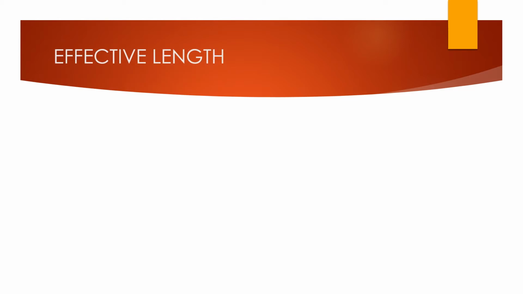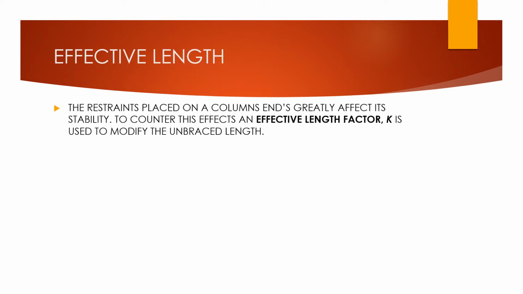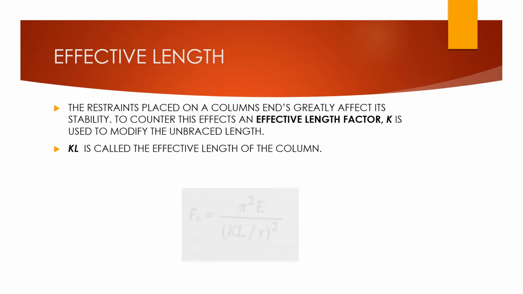So for effective length, the restraints placed on columns greatly affect its stability. To counter this effect, an effective length factor K is used to modify the unbraced length. KL is the effective length of the column.